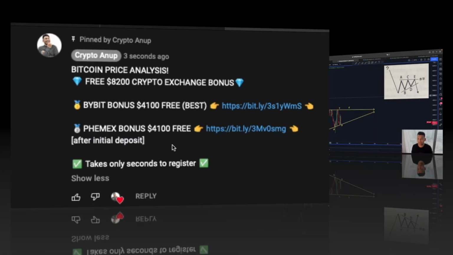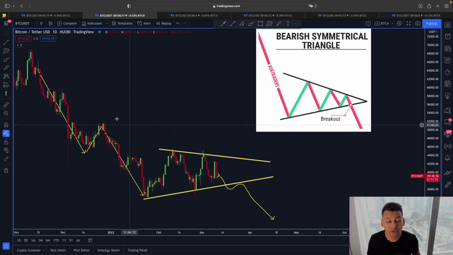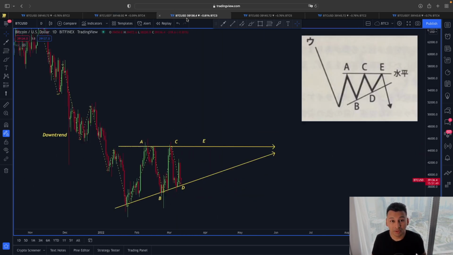Now let's switch the chart. Now again here in a daily time frame, but with a different chart pattern, because in the previous example I showed you the price of Bitcoin in a downtrend could be making this bearish symmetrical triangle type of formation. But also if you look at this as an ascending triangle in a downtrend, it is also considered a bearish scenario for Bitcoin.